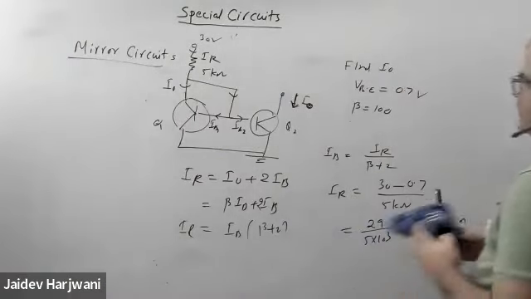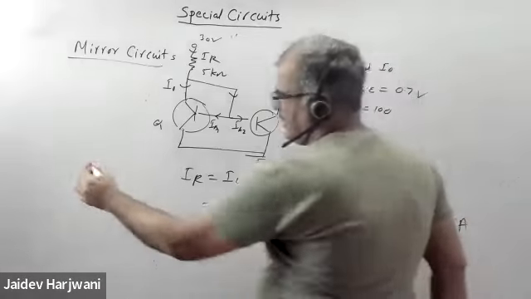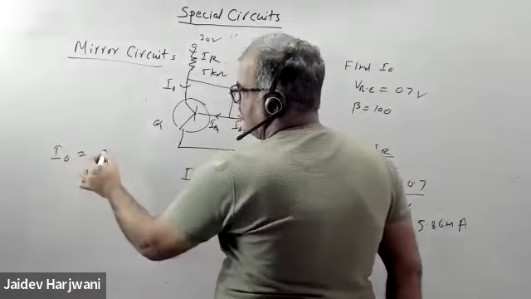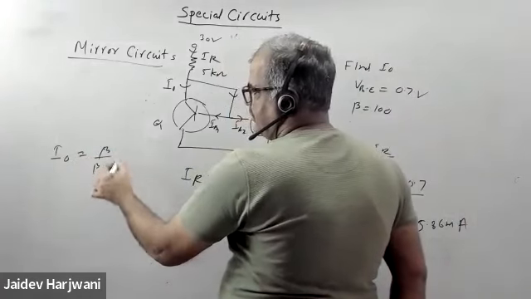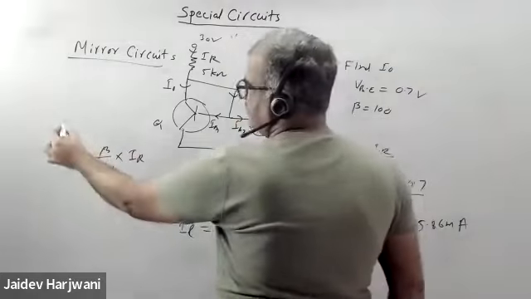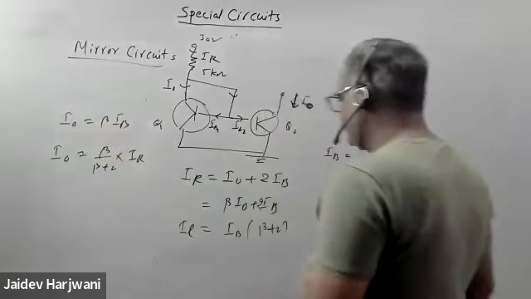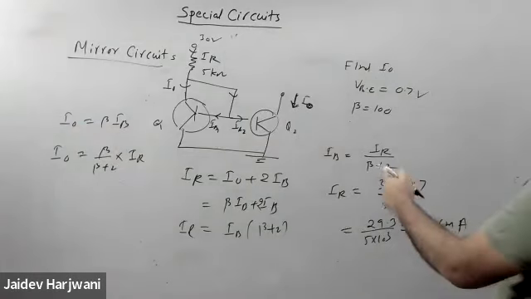They are asking what is the value of I naught. So I naught is very simple. I naught is your beta upon beta plus 2 into IR. Because I naught is equal to beta IB, and IB is equal to IR upon beta plus 2.